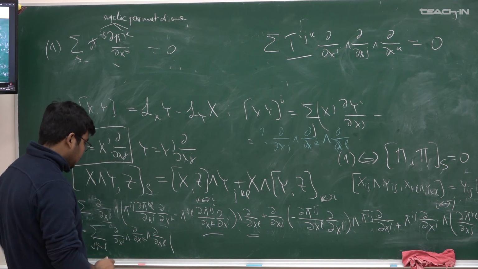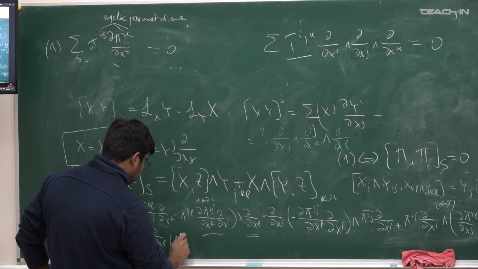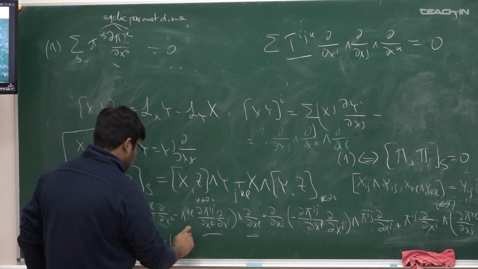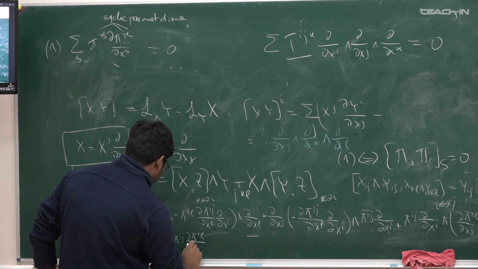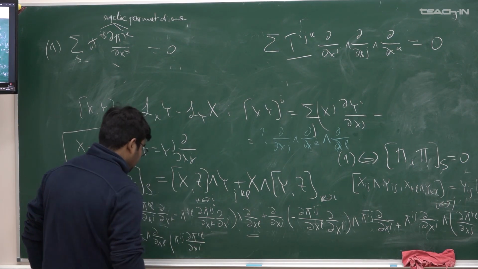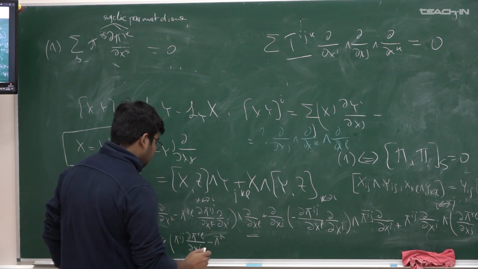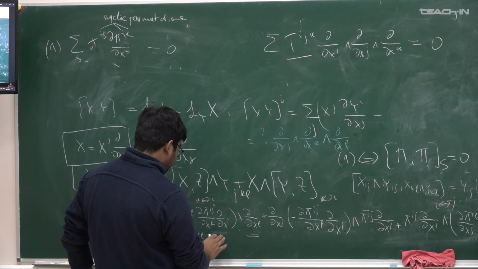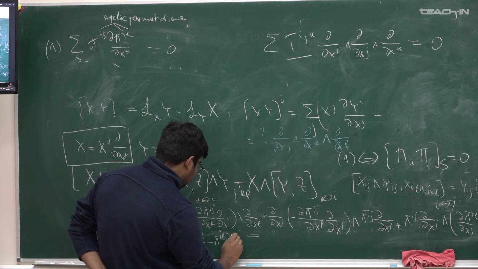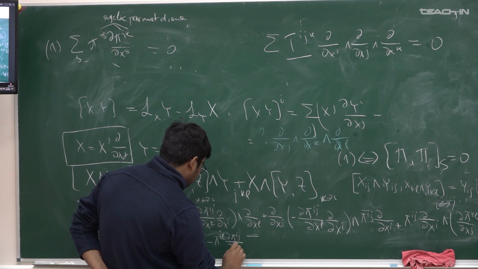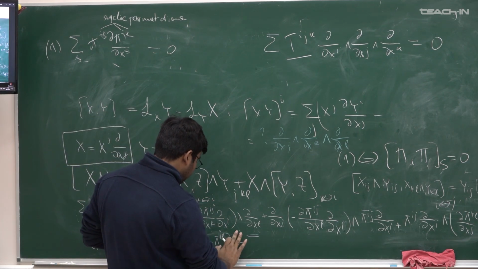Times the thing that is inside, right? K should be i, right? Yes. So i l, i j, no, k j, both sides.